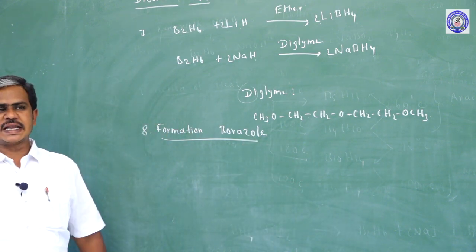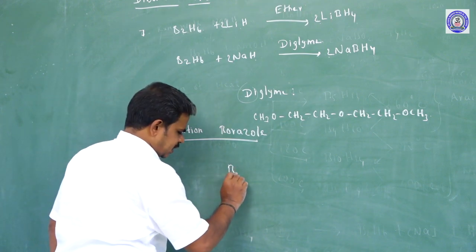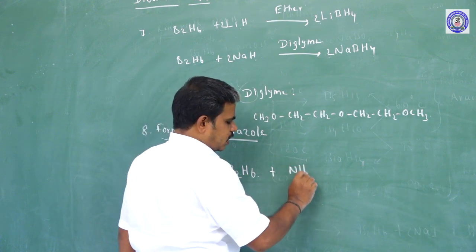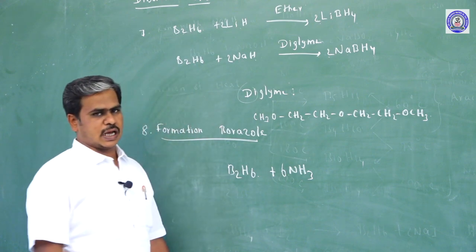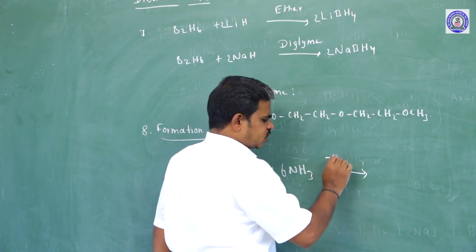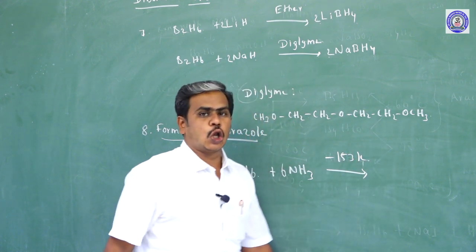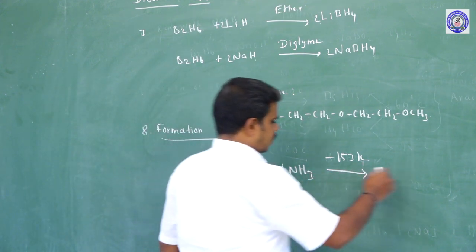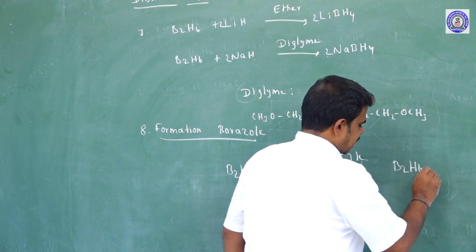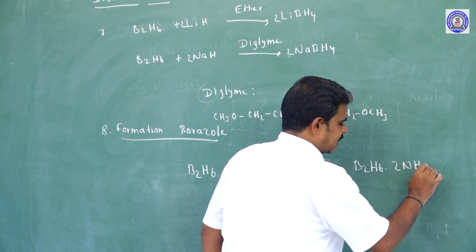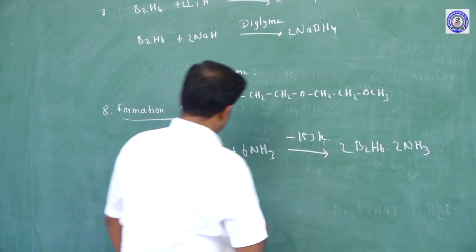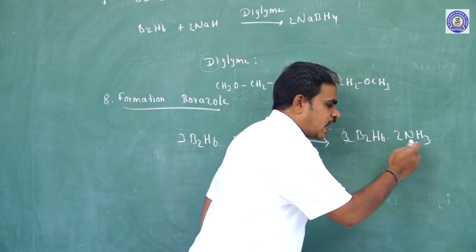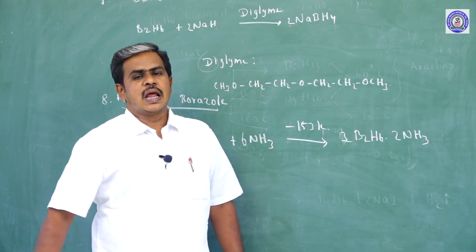When diborane, B2H6, is reacted with excess ammonia, 6 molecules of ammonia, at very low temperature, 153 Kelvin, diborane diammonate is formed. Diborane is B2H6 and ammonia is NH3, so 6 NH3, here 2 and here 3 and 3. So it is diborane diammonate.